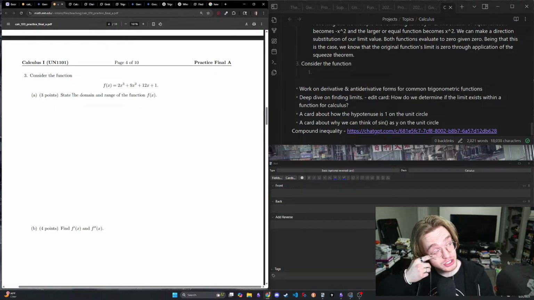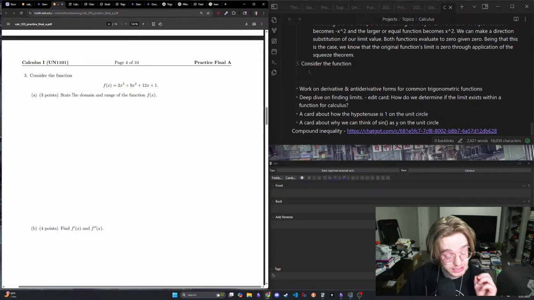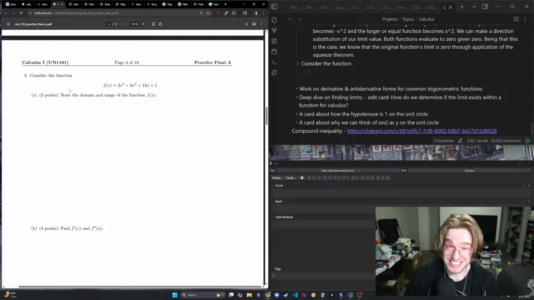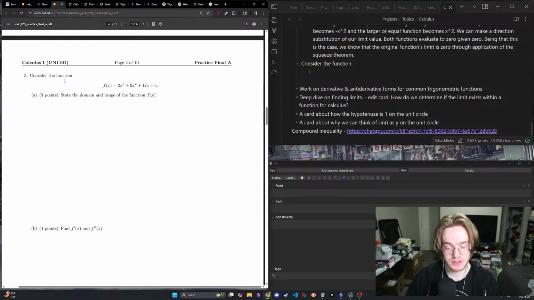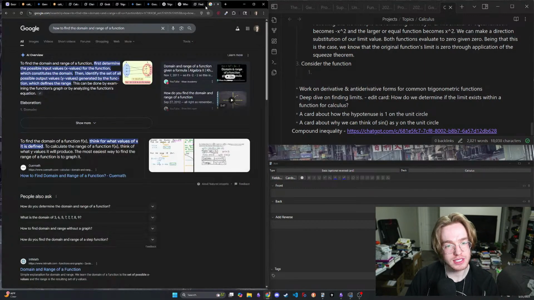So I'm not sure what causes a value to be removed from a domain. It's clear what causes a value to be removed from the range, right? If it's just not represented in the function's output, then it's not there. This can be any number of things, like a discontinuity, or upper or lower bounds, which constrain your range. So let's see what we have.